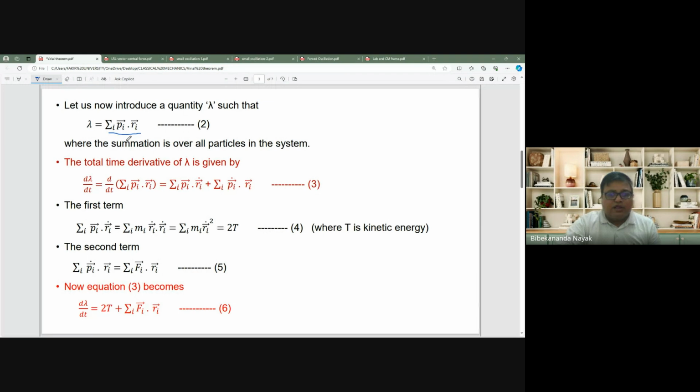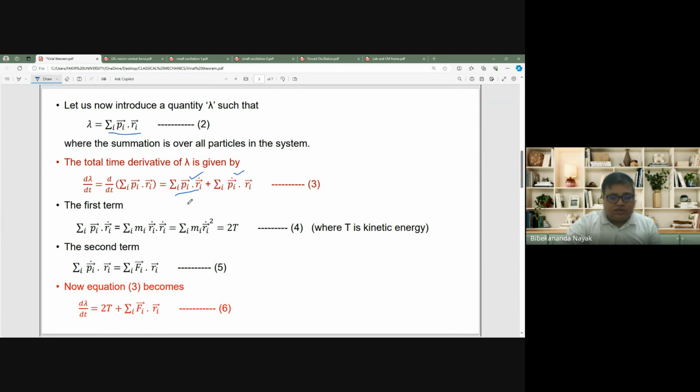So if we take the derivative d by dt of lambda, there are two terms actually: the derivative of pi dot ri and pi dot derivative of ri. This one is pi dot ri dot, plus the derivative of pi, which is pi dot, dot ri.